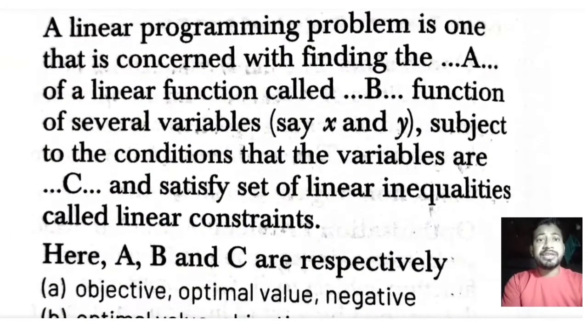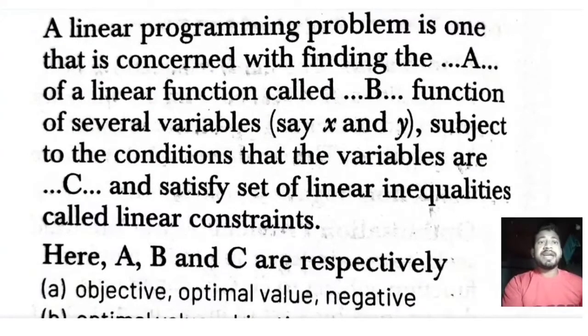Now goes to question number 5. Here is question number 5. A linear programming problem is one that is concerned with finding the A of a linear function called B function of several C, say x and y, subject to the condition that the variables satisfy a set of linear inequalities called linear constraints.